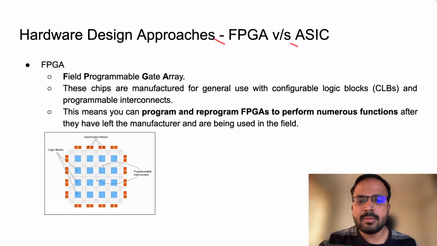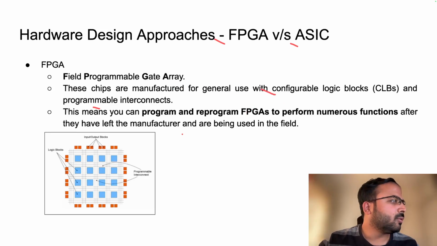The same logic or the same design, you can configure it as a GPU, or you can configure it as a microprocessor as well. It contains certain programmable interconnects and certain configurable logic blocks.